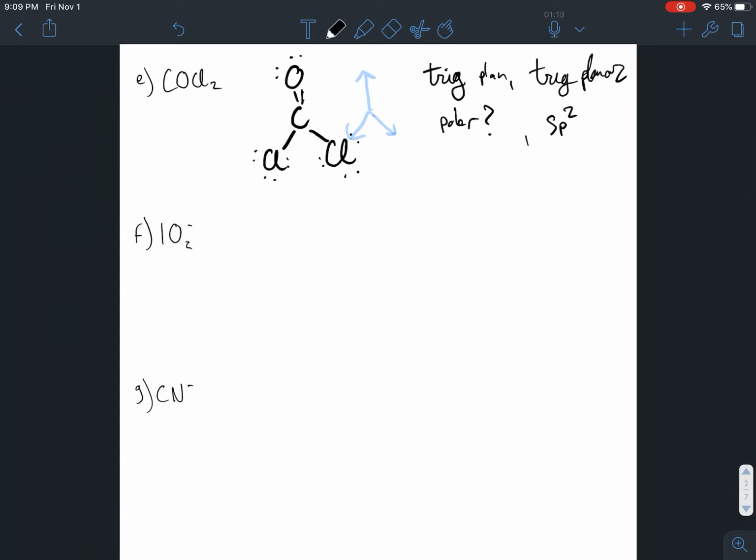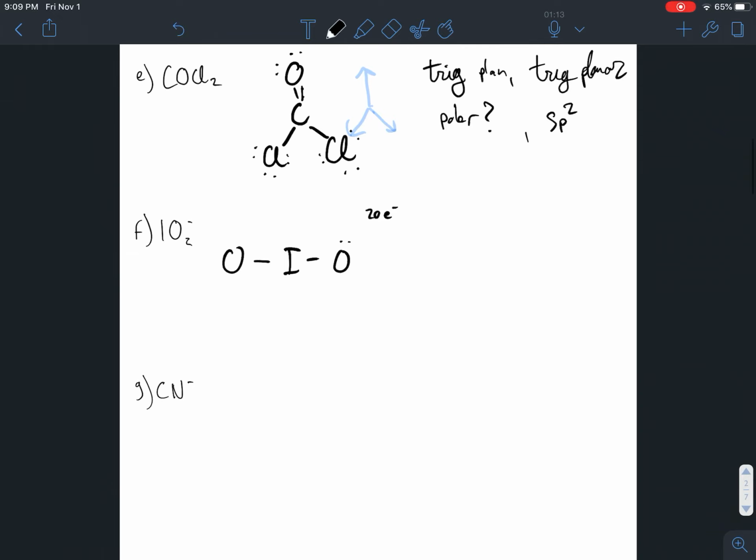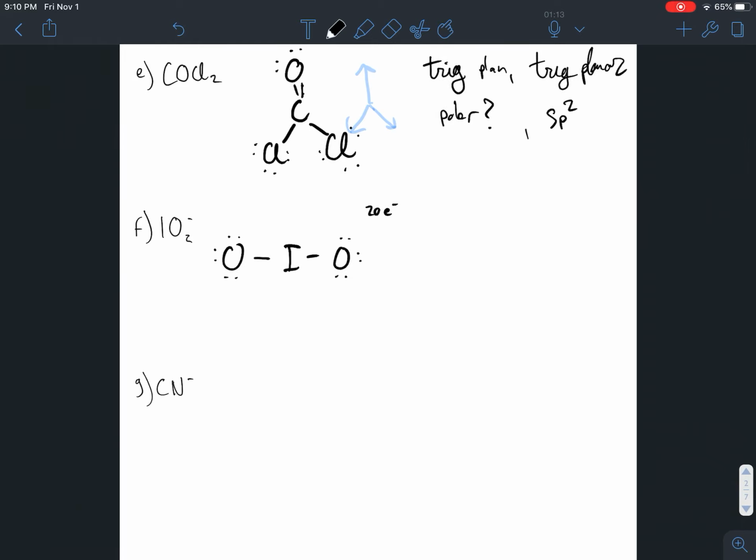IO2 minus. Okay, so let's count the electrons on this one for sure. Oxygen has 6, iodine has 7, oxygen has 6, plus the negative charge, so in total that is 8 plus 12, which I call 20 electrons. So let's put all of them by themselves.